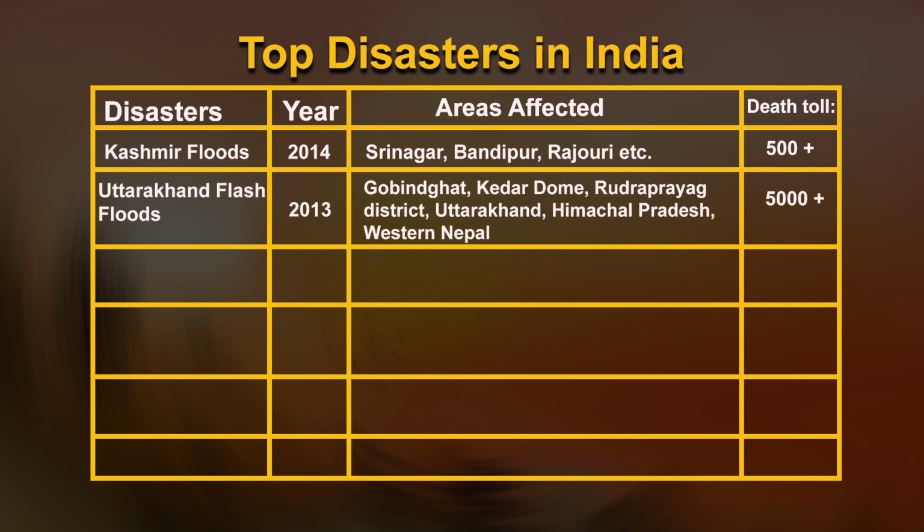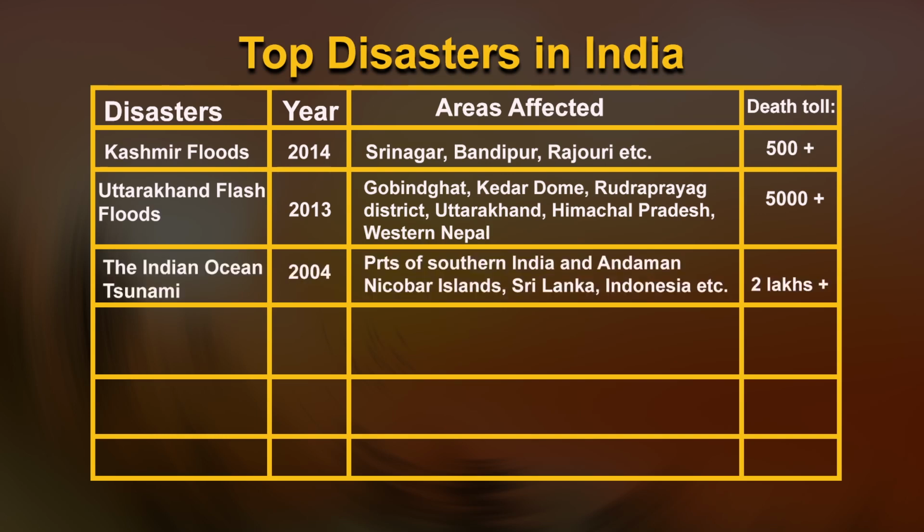In Uttarakhand, the flash floods in 2013 occurred in Gobindghat, Kedar Dome, Rudraprayag district, Uttarakhand, Himachal Pradesh and western Nepal, and this impacted more than 5,000 people. In the Indian Ocean in 2004 there was a tsunami, and parts of southern India, Andaman Nicobar Islands, Sri Lanka and Indonesia were impacted, and more than 2 lakh people died.